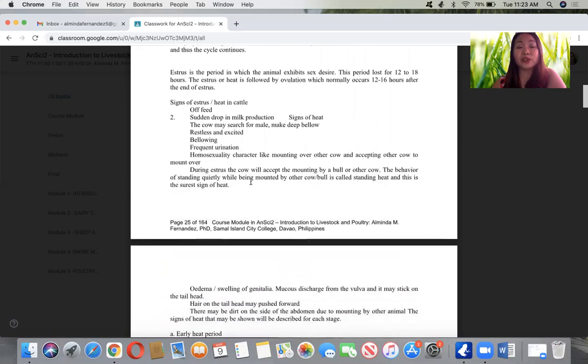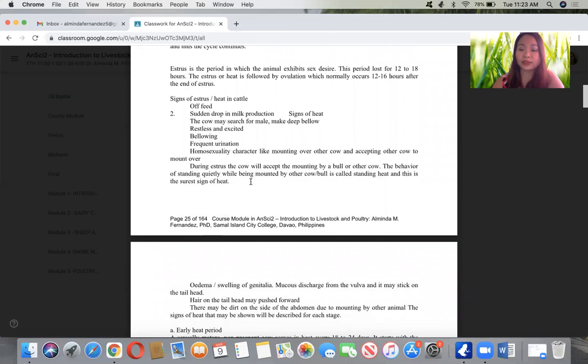So of course, you don't know what's happening internally in the body, so there are signs to look for. Off feed, they don't want to eat, with a sudden drop in milk production. Signs of heat: the cow may search for the male, make a deep bellow, be restless and excited, bellowing.